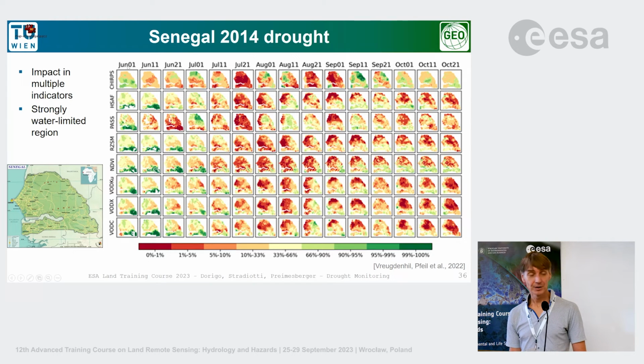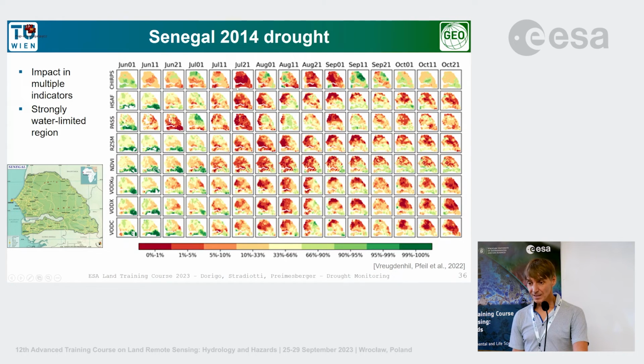And you see this is the period June to October in 2014. And you nicely see that the drought started to develop very early in the precipitation products and the passive microwave products, but still the vegetation does not yet react to these drought conditions.